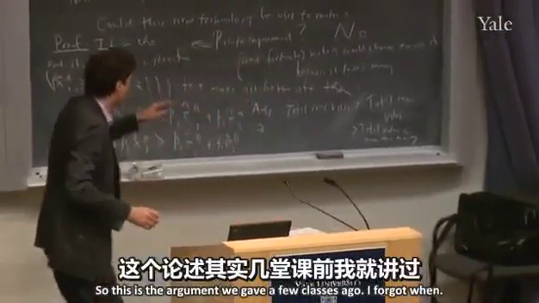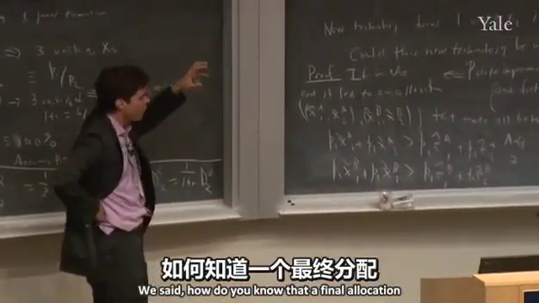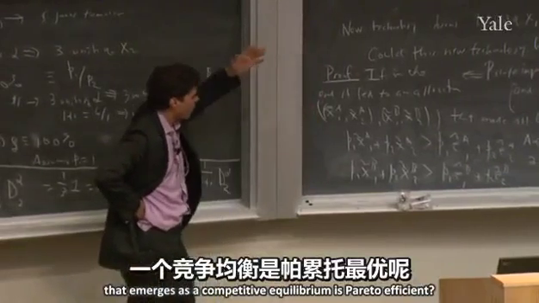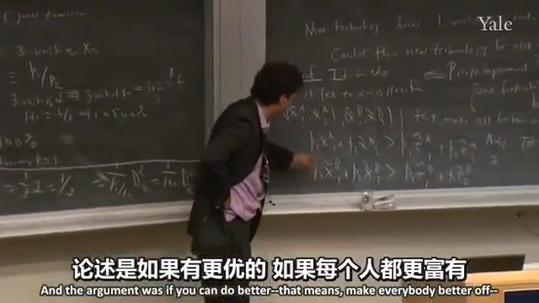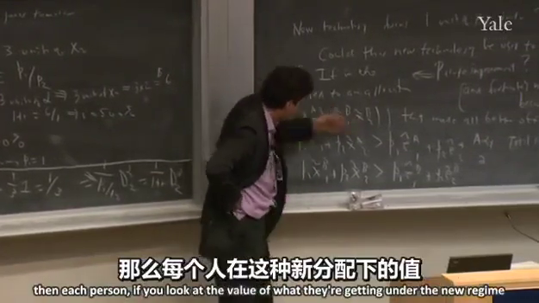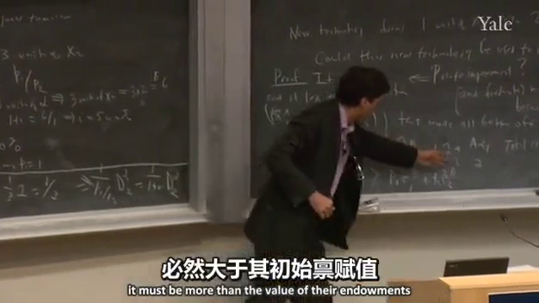Okay, so this is the argument we gave a few classes ago. We said, how do you know that a final allocation that emerges as a competitive equilibrium is Pareto efficient? The argument was, if you can do better, that means make everybody better off, then each person, if you look at the value of what they're getting under the new regime, it must be more than the value of their endowments.